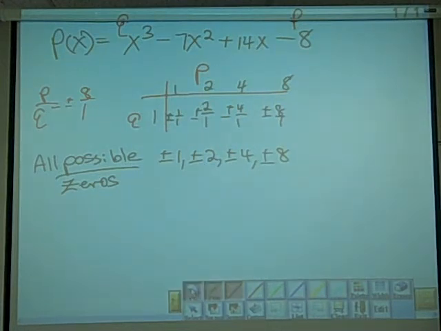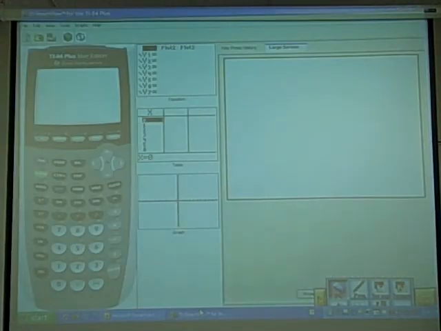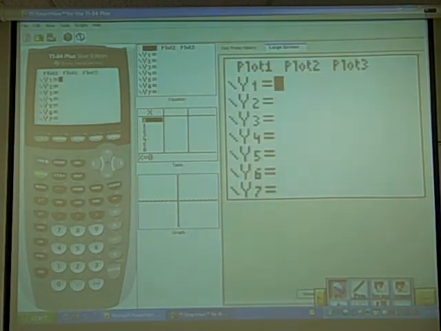Okay, now the next thing we do is go to our calculator and enter that in. So we go to y equals, and we enter x cubed minus 7x squared plus 14x minus 8.